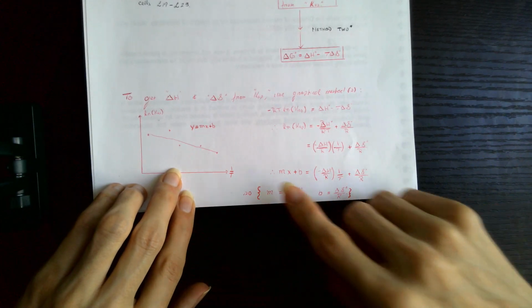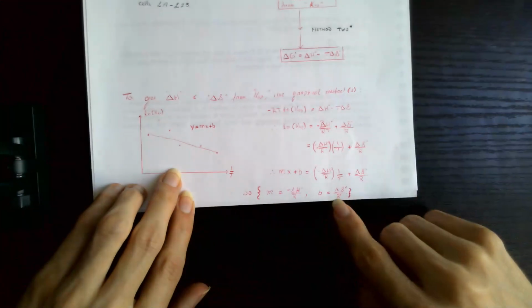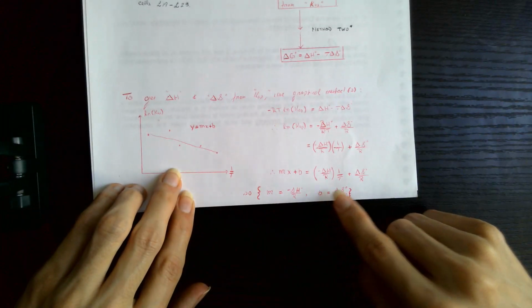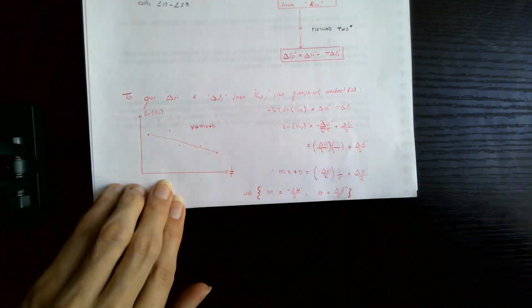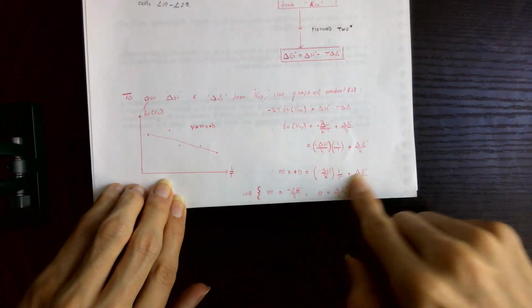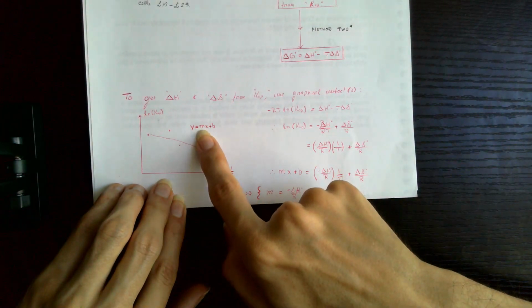So I can take the y-intercept b and multiply that value by R, and that gives me delta S.